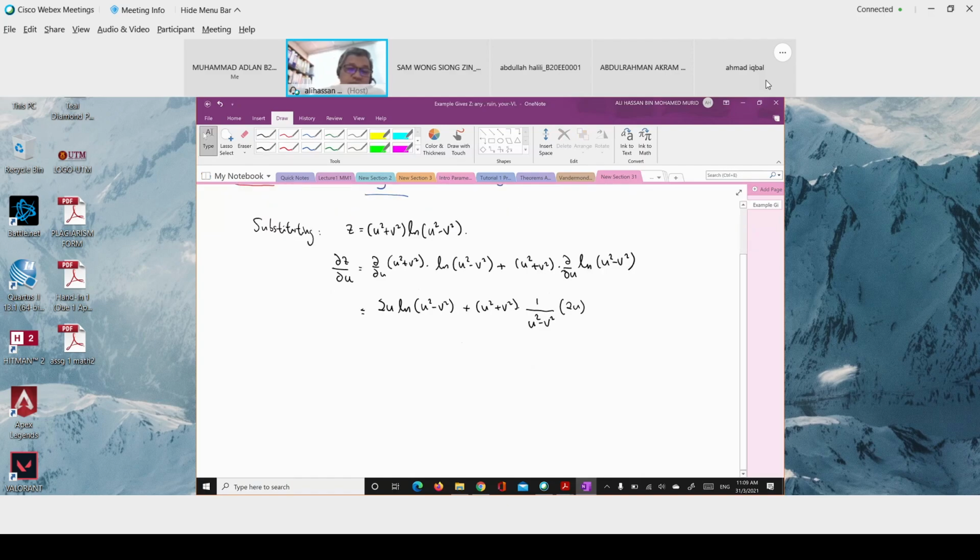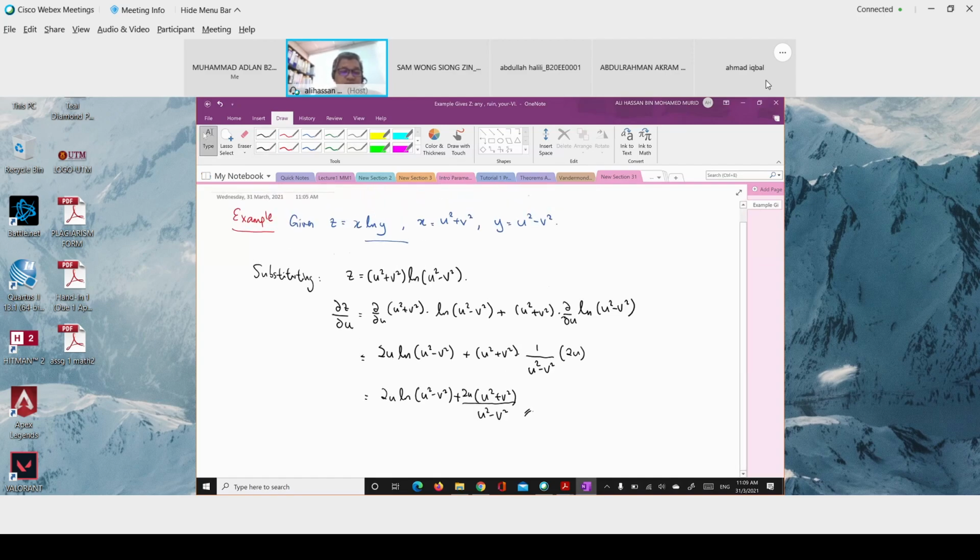So the result is 2u ln(u squared minus v squared) plus (u squared plus v squared) 2u, everything here divided by u squared minus v squared. So that is z partial u. Here we have first expressed z in terms of u and v, and then we find z partial u.